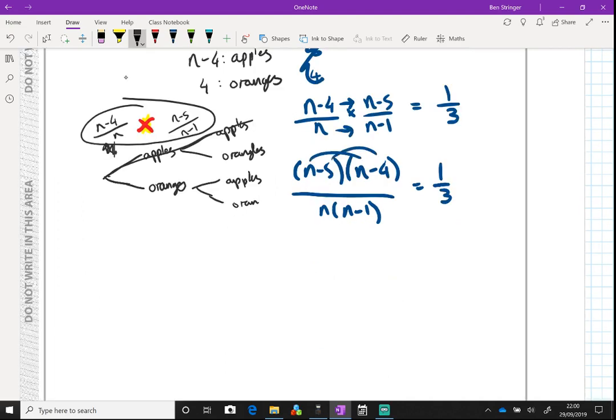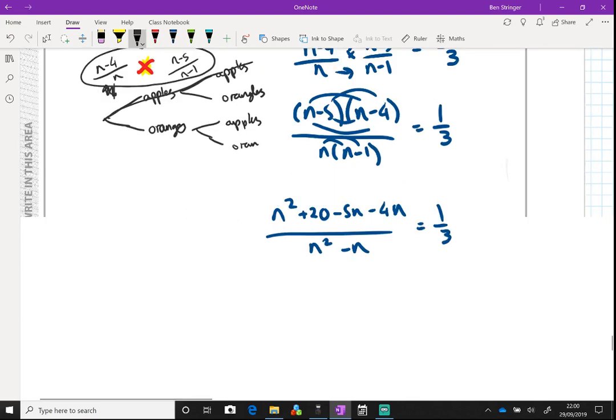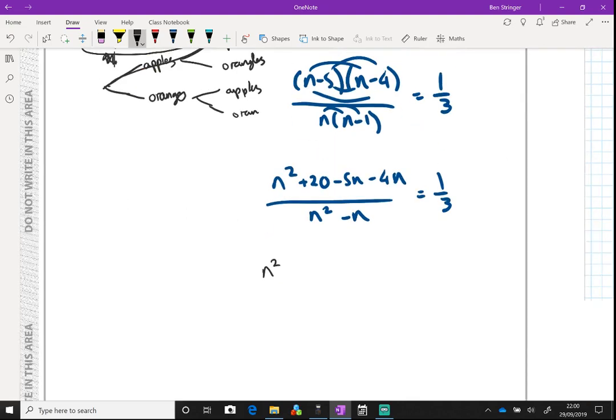We've done that so many times, we should be brilliant at it by now. n squared plus 20 minus 5n minus 4n over n times n, which is n squared minus n. That's a third. Let's tidy the top up a little bit. n squared minus 9n plus 20 over n squared minus n equals a third.